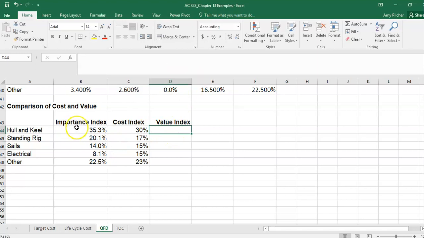For the value index, we take the customer important index divided by the cost index to determine how important the customer ranks each one of those things in value for what they're willing to pay.